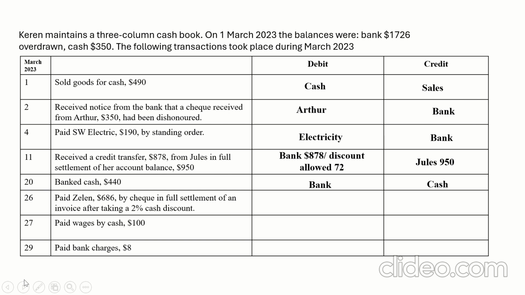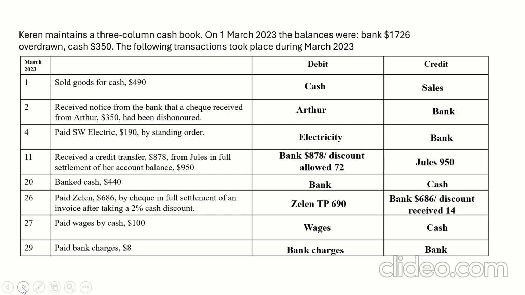Therefore, you debit Selen, trade payable, by 690, credit bank by 686, and discount received of 14. Paid wages by cash, wages debit, cash credit. Paid bank charges 8, bank charges debit, bank credit.